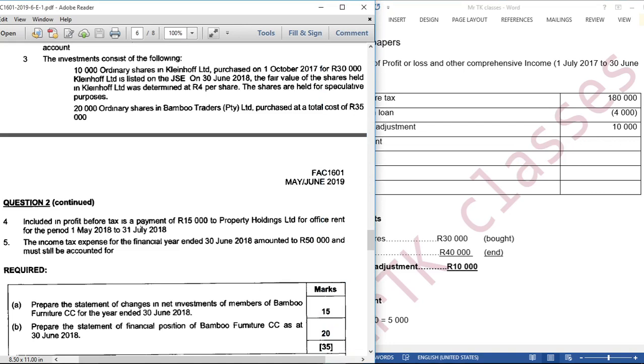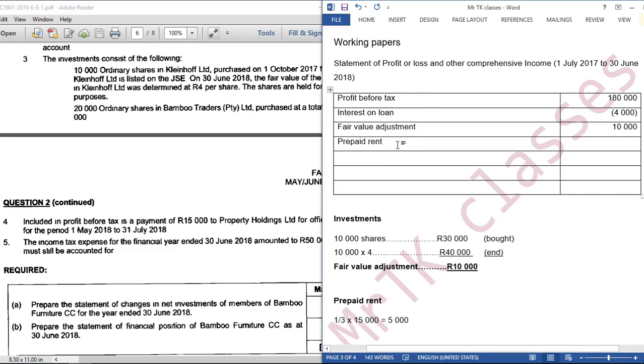Included in profit before tax is the payment of 15,000 for office rent. So this is an expense. An expense was paid in advance, and that advance payment was also subtracted from here, right?